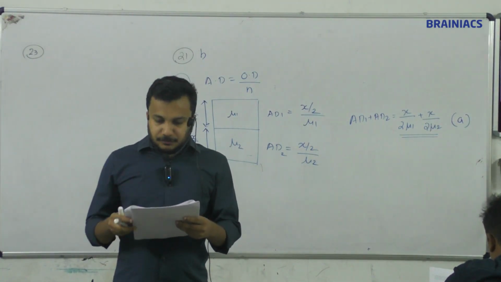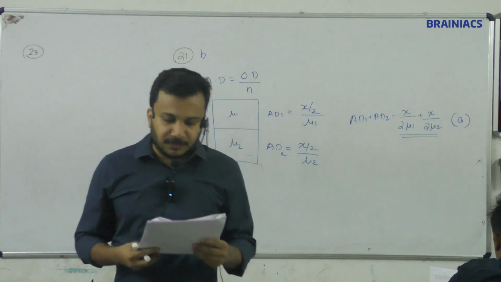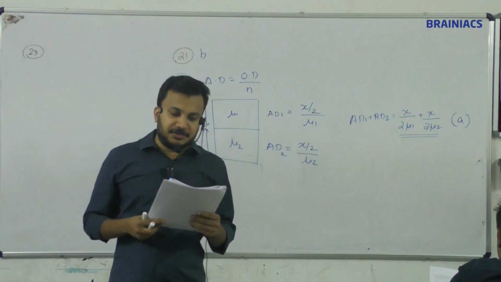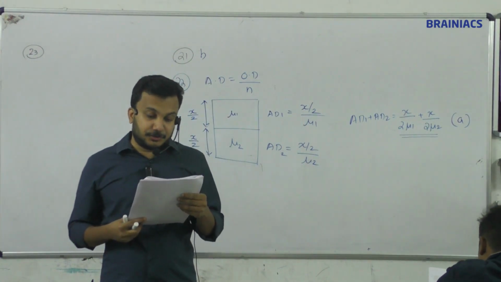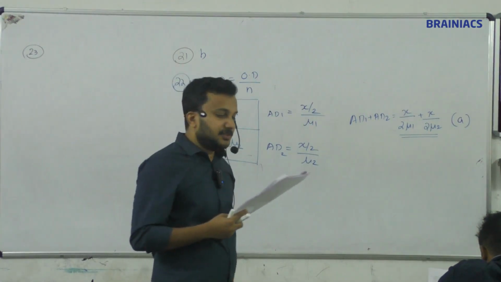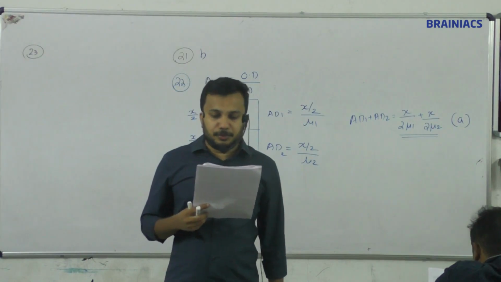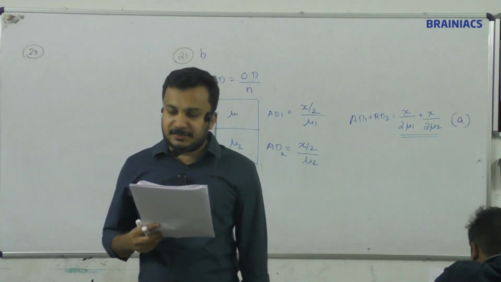Okay, we'll go to question number 24. This is a last year JEE Main entrance examination question. Light travels in two media A and B with speeds of 1.8 into 10 power 8 meter per second and 2.4 into 10 power 8 meter per second respectively.